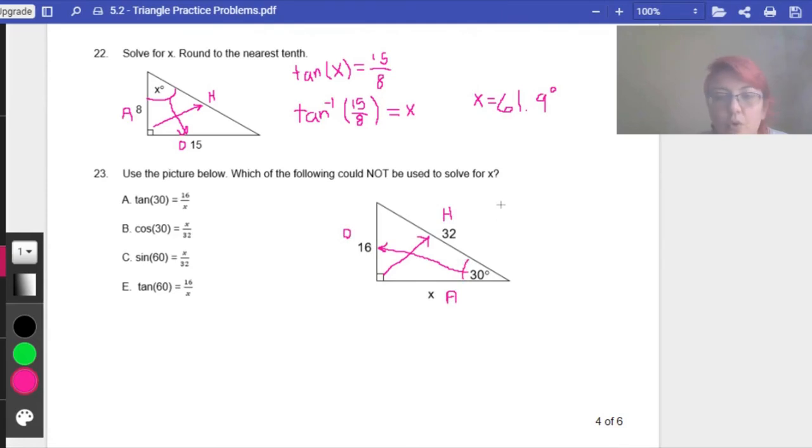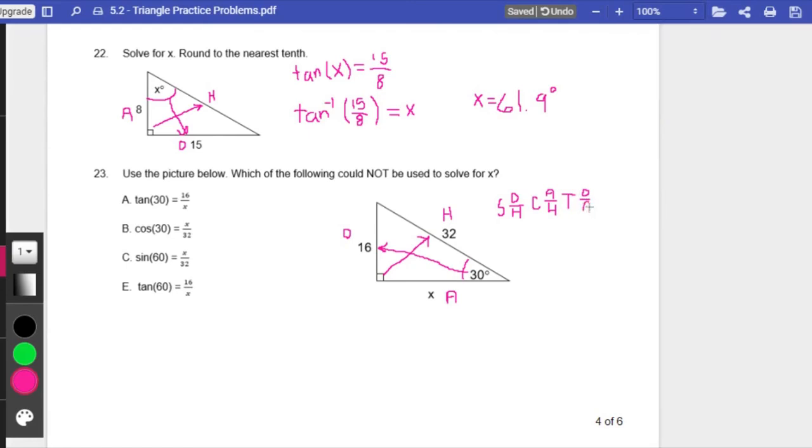All right, real quick, we're going to write down again that sine must be opposite over hypotenuse. Cosine must be adjacent over hypotenuse. And tangent must be opposite over adjacent.